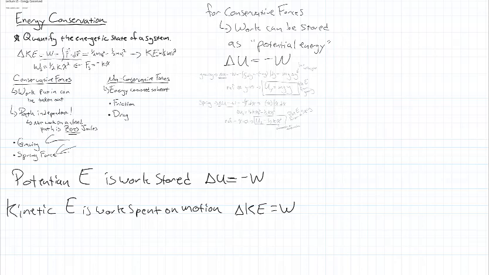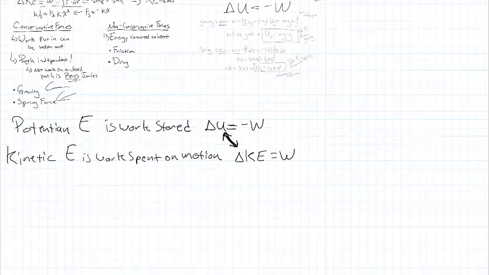Then it stands to reason that we can relate these two things together if we have a system where nothing else is acting on it. So if there's no external forces being applied to your system, then there's no additional work that we're playing around with. And if all of the forces are conservative, then we're basically just transferring energy from potential to kinetic energy, because we're not losing any energy to heat there.